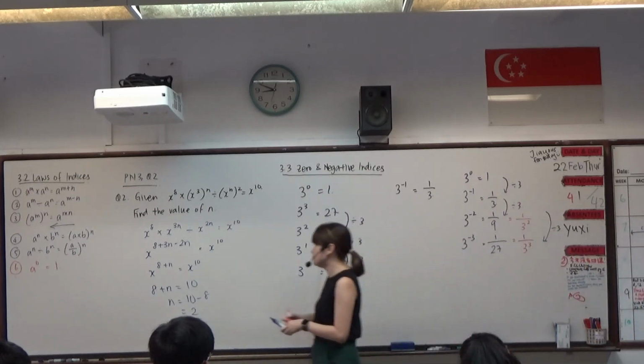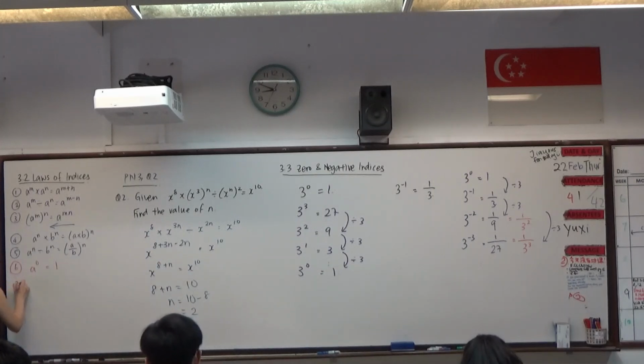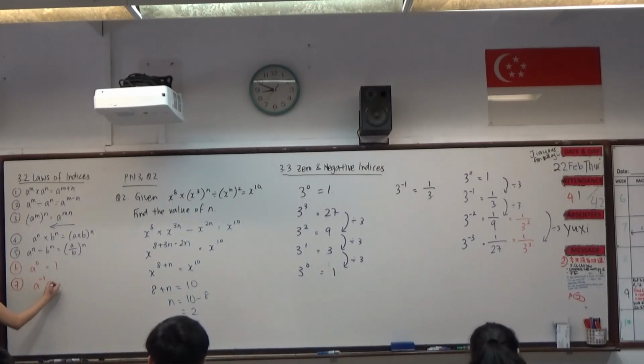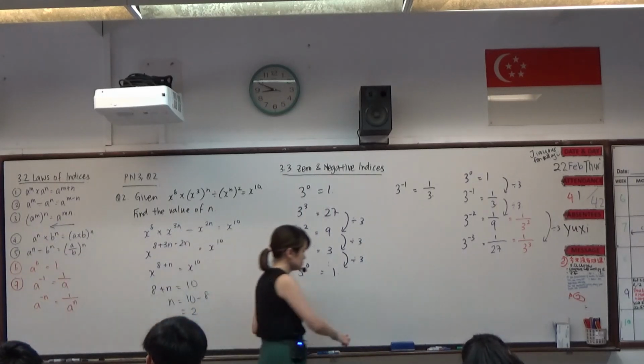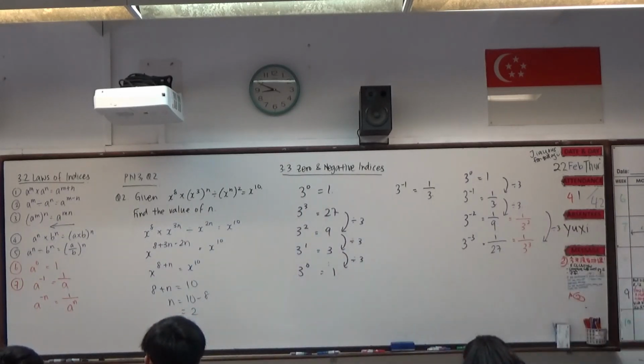So a to the power negative 1 will be 1 over a. A to the power negative n will be 1 over a to the power n. So that's our understanding of the laws of indices and how they apply to zero and negative numbers. Now let's give this a try.